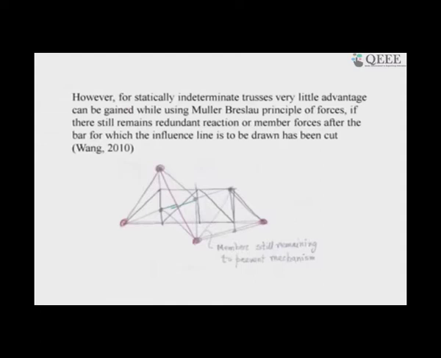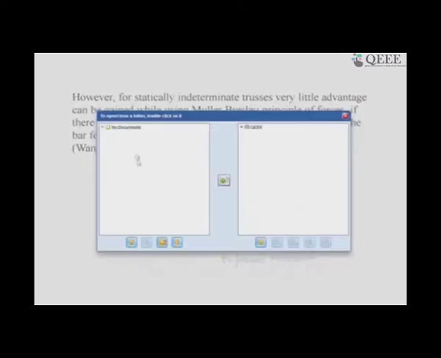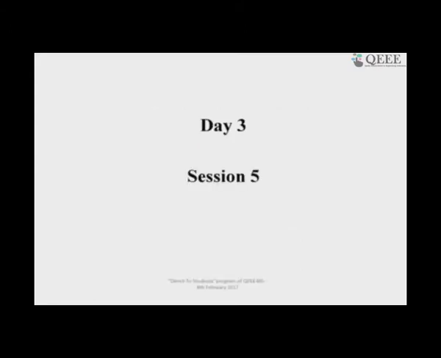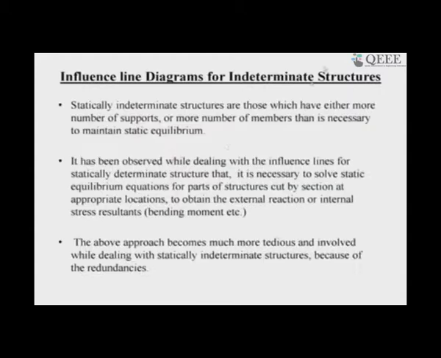Yes, please. I think we have concluded with 4 sessions how to draw the influence line for point loads, how to extend it to uniformly distributed load, but we have always restricted them to statically determinate structures. So, today is the day, session 5, we will extend the idea to influence line diagrams for indeterminate structures.